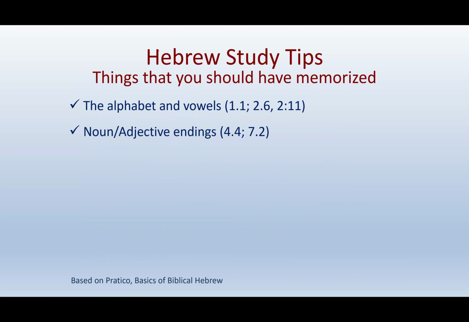And by the way, like the alphabet and the vowels, I still call letters by their name and I call vowels by their name. That hasn't gone away. And if it's kind of cloudy, it'll clear up because they're not going away. We're going to continue to talk about them. Noun and adjective endings, well, I've already talked about the im endings, as we looked at numbers and everything, that's not going away either. So these are all things that you'll get exposed to over and again. But these are all the important things that should be memorized.